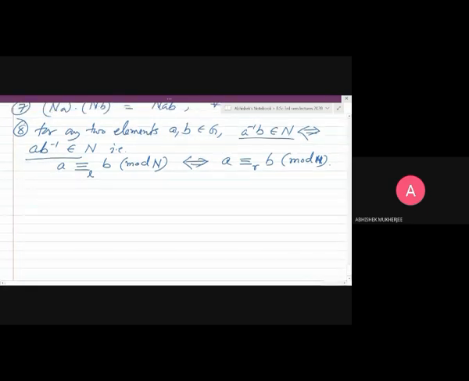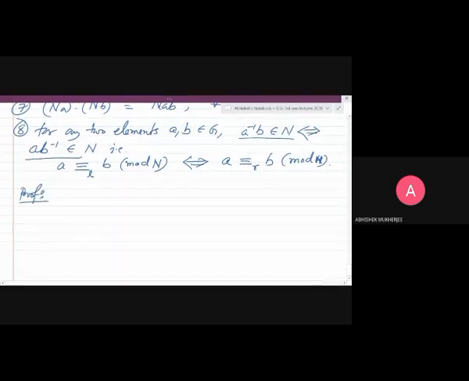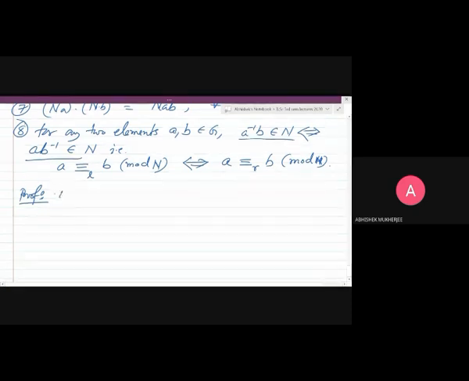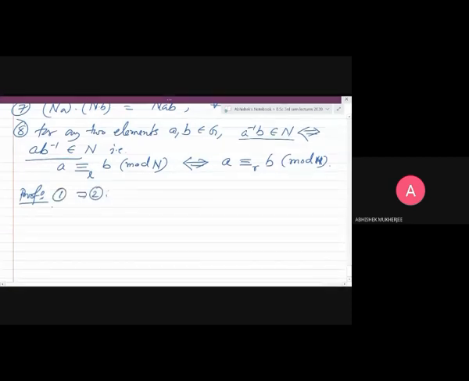So let us try to prove one by one. Now, 1 implies 2. Suppose N is normal.